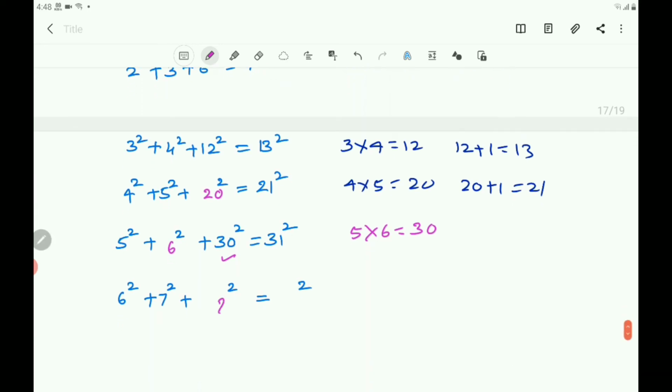Next here we have to find the two missing numbers. 6 into 7, that is 42. So you can write 42 square. The next number is 42 plus 1, that is 43. So you write here 43 square. 6 square plus 7 square plus 42 square equals 43 square.